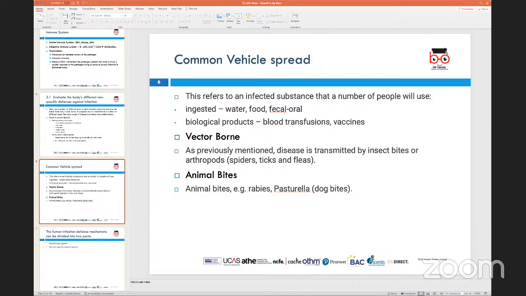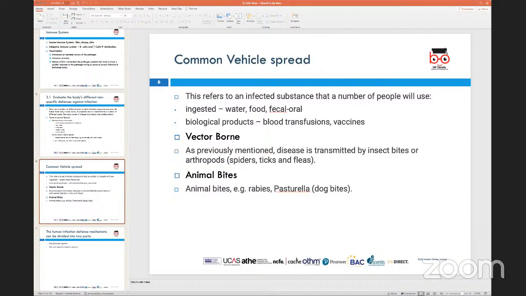In those cases you can carry the pathogen externally on your shoes or any sort of clothing, and when it gets an opportunity to transmit from your external wear, it can transmit to the human body. That is why proper hygiene needs to be maintained, and these tend to fall under what are called the common vehicle transmission routes for pathogens.